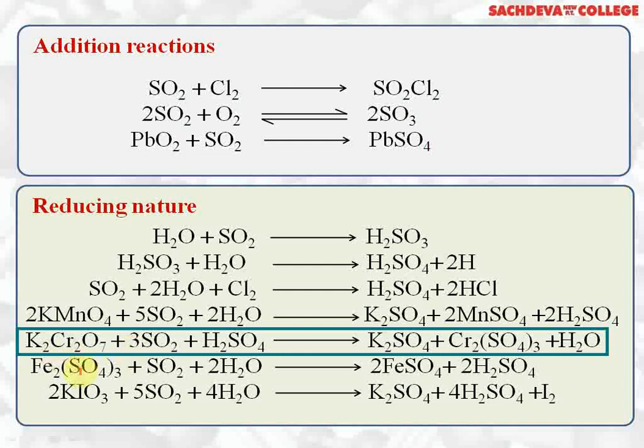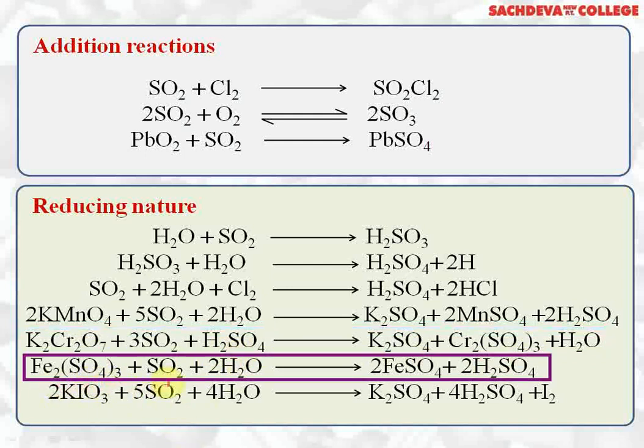Potassium dichromate, an orange color solid K2Cr2O7, plus 3 moles of sulfur dioxide in the presence of sulfuric acid: K2SO4 will be formed, Cr2(SO4)3, which is green in color, plus water will be formed. So in this reaction also sulfur dioxide is a reducing agent, and K2Cr2O7 in the presence of H2SO4 acts as an oxidizing agent.